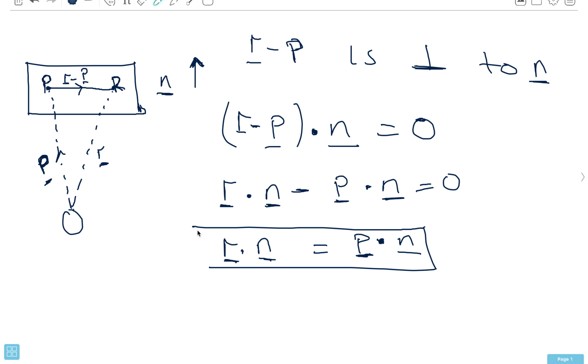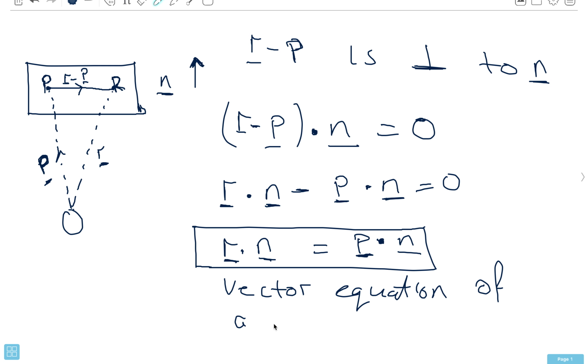This is now the vector equation of a plane. And if I just go over what our variables are again, so we have r, which is the position vector of the point r, where the point r is on the plane.